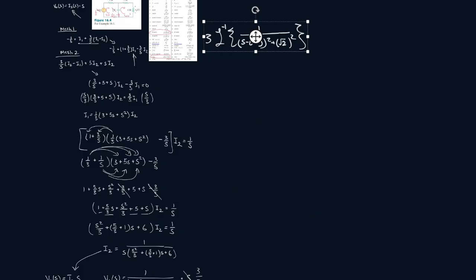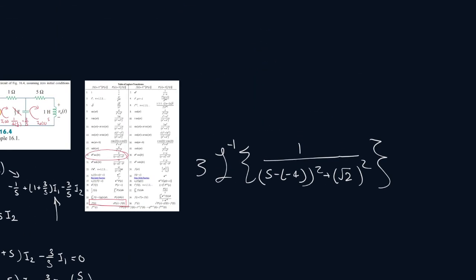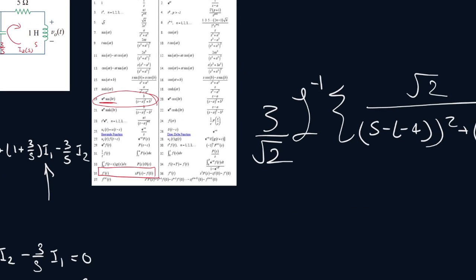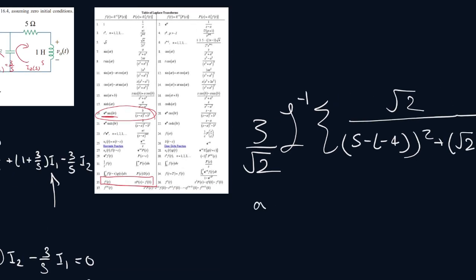Okay, so this is what I'm going to do. I'm going to times the top by the square root of 2 and times the bottom by the square root of 2 as well. And that means I can use this. So my a will be minus 4 and my b will be the square root of 2.